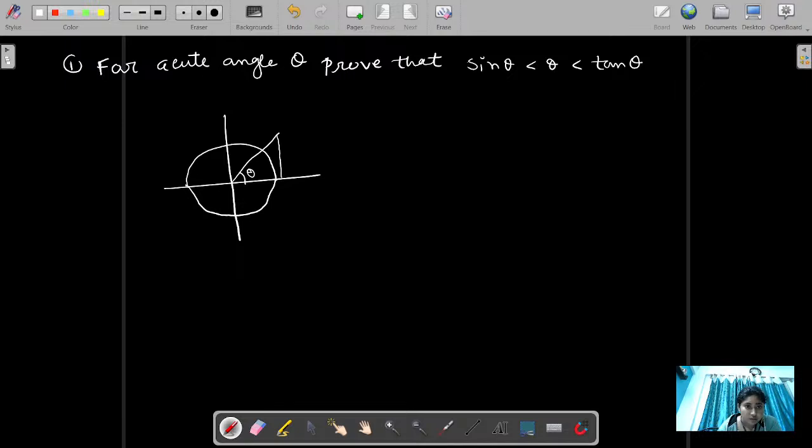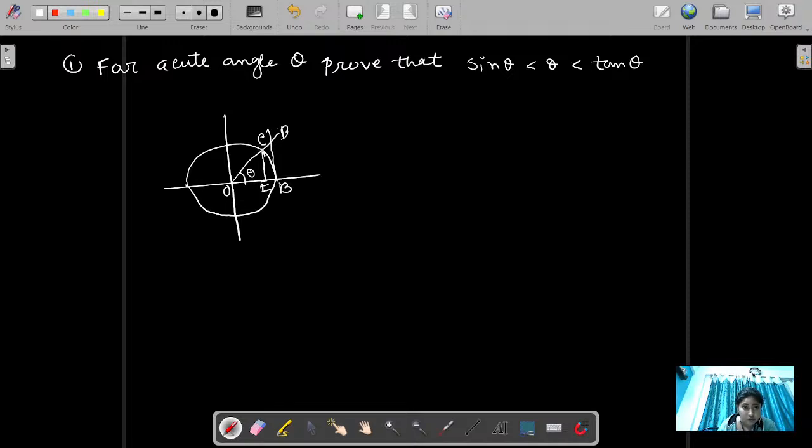Now suppose this is a tangent, and let me name this as O. This one as B, this one as D, and from the point of intersection, I need to draw one perpendicular line like this. This line I will name as C and E.